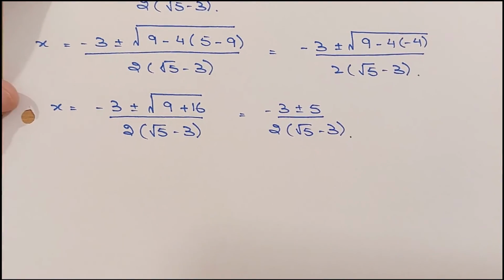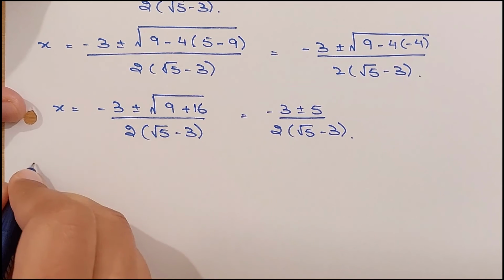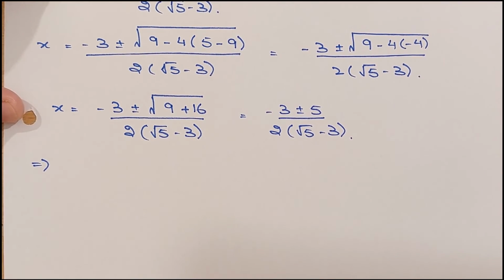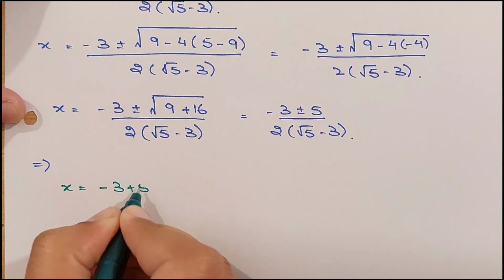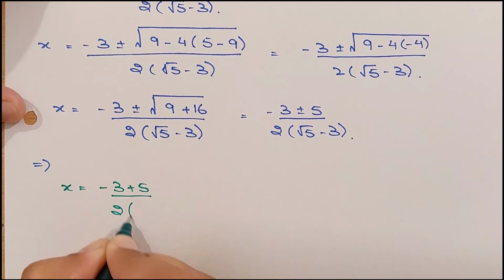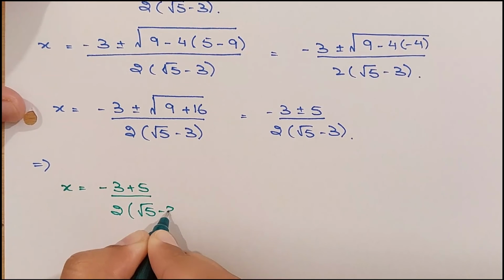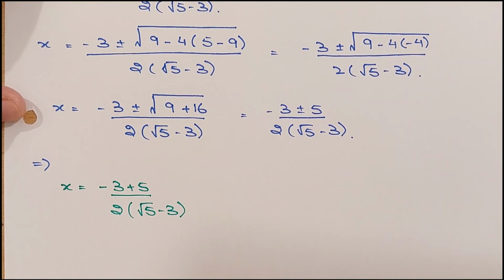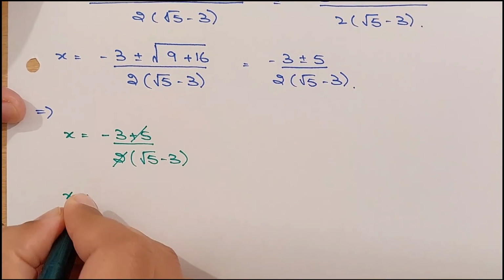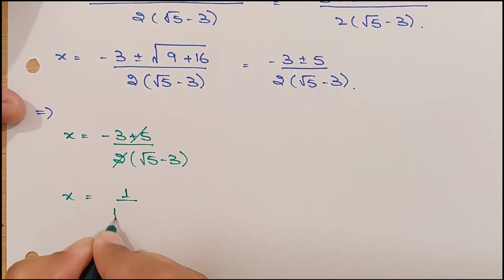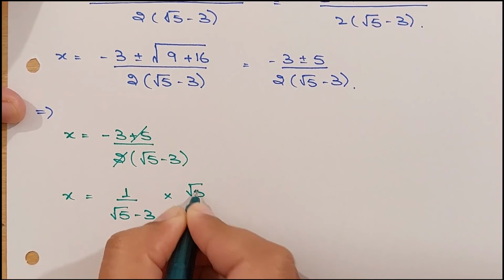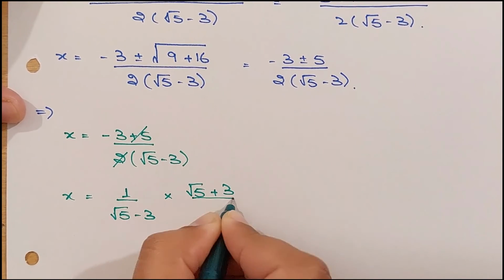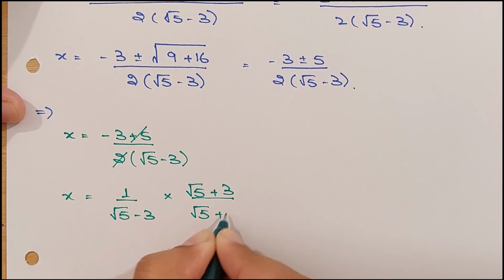Now let me find the two roots, one with a positive and one with a negative, right? Now the first one is x is equal to minus 3 plus 5 divided by 2 square root of 5 minus 3. So minus 3 plus 5 is 2, and 2 divided by 2 is just 1. So x is equal to 1 by square root of 5 minus 3. Now we have to rationalize with the conjugate of the denominator. So square root of 5 plus 3 divided by square root of 5 plus 3.